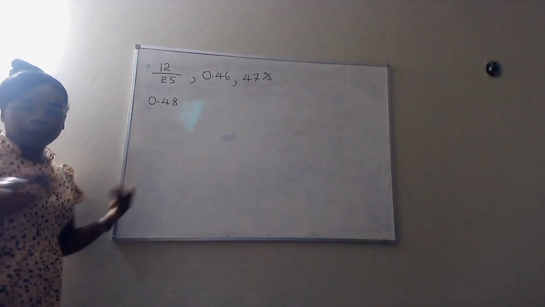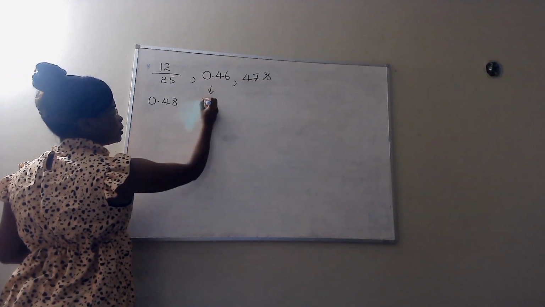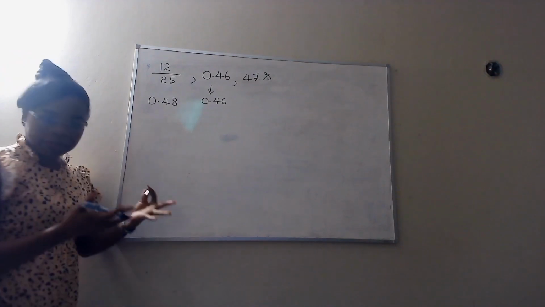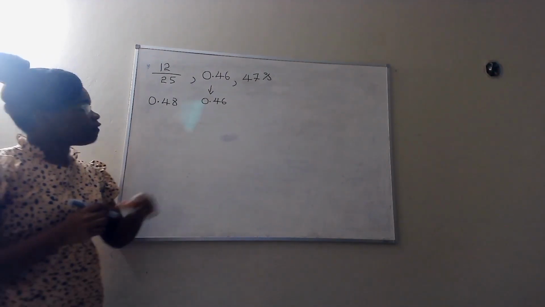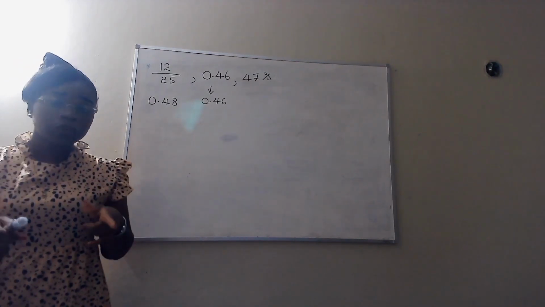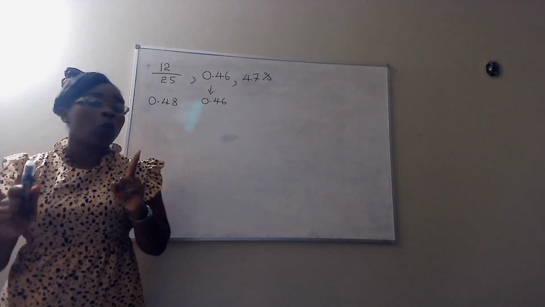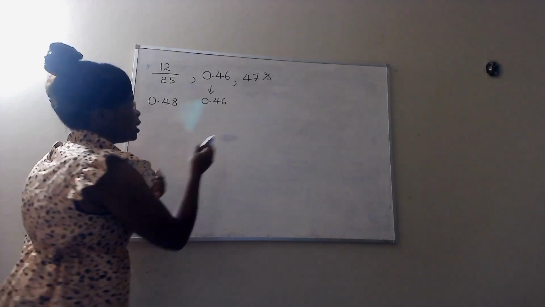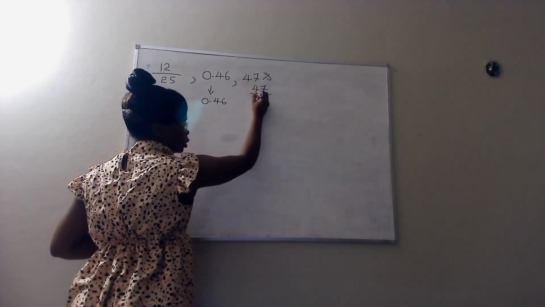0.48, right? And we're going to keep this. So this is 0.46. Notice 0.48 is obviously larger than 0.46. Now, let's find out what 47% is as a decimal. To do so, always remember that a percentage is out of 100. So this 47% is 47 out of 100.